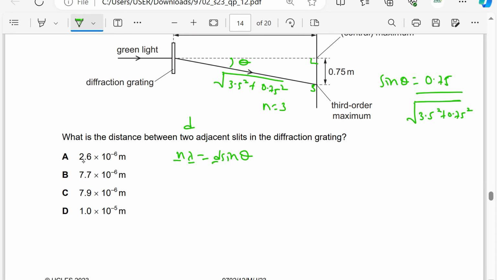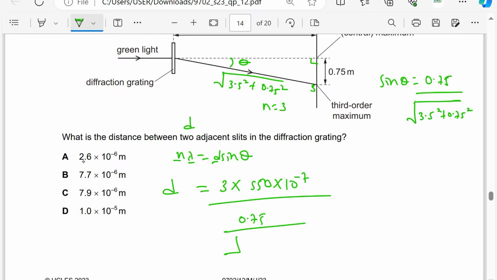So let me make d the subject. d is equal to n, which is 3, times the wavelength, 550 times 10 to the power of minus 7, divided by sine theta, which is 0.75 over the square root of 3.5 squared plus 0.75 squared.